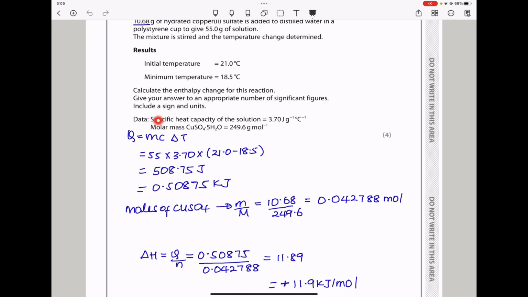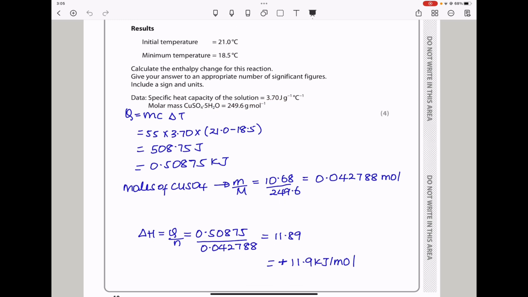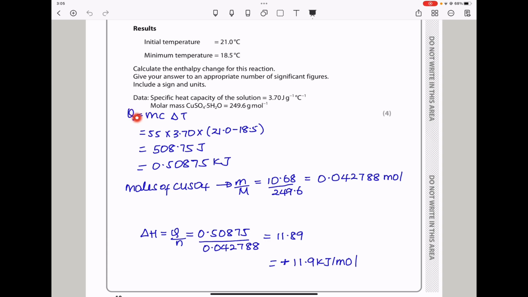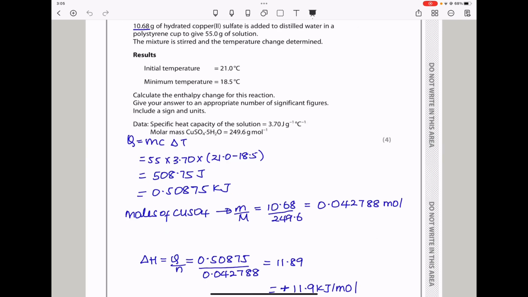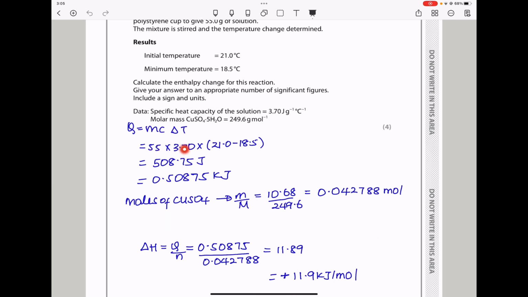So they say that specific heat capacity is going to be 3.7 and the molar mass is given as 249.6 grams per mole. At first, I found Q, which is mc delta T. They've given us the mass, which is going to be 55. So I use 55 times the given specific heat capacity times the delta T. And the energy I got is 508.75 joules.